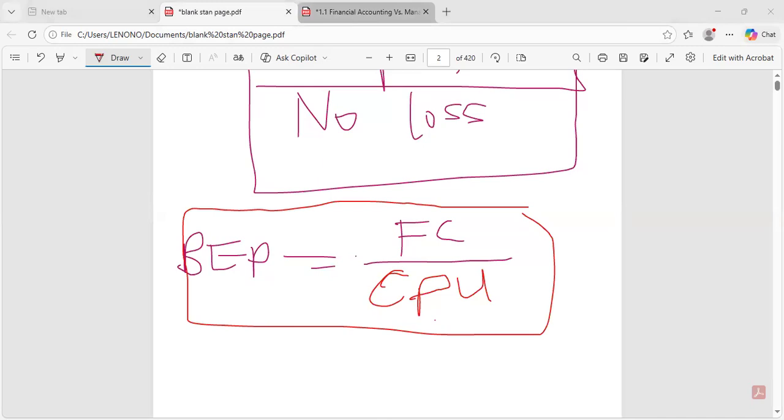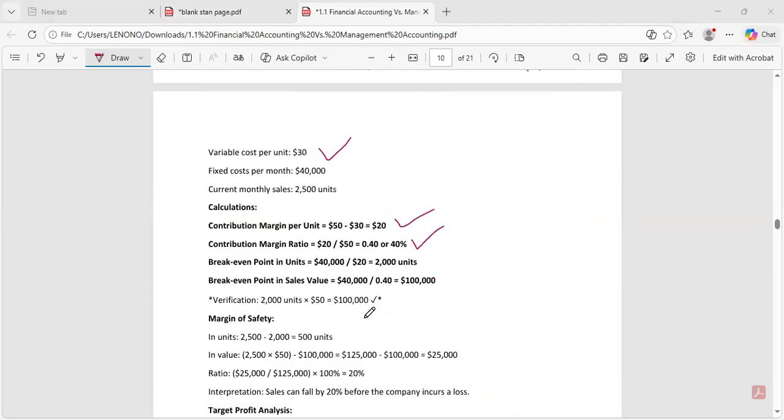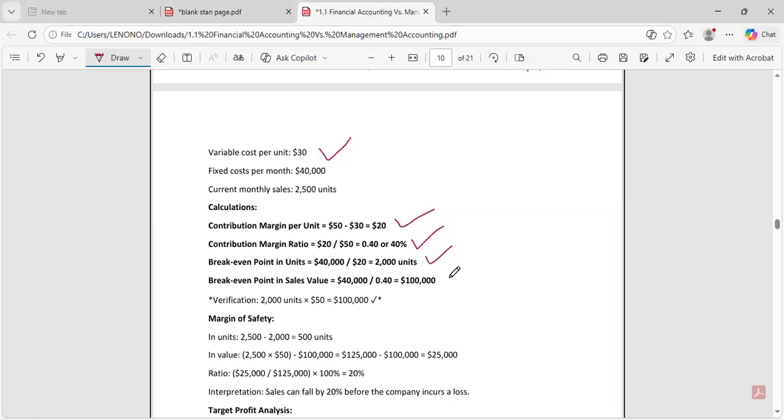So that gives us a break-even point in units of 2,000. The break-even point in sales value is fixed cost over the contribution margin ratio of 0.4, which is 100,000.